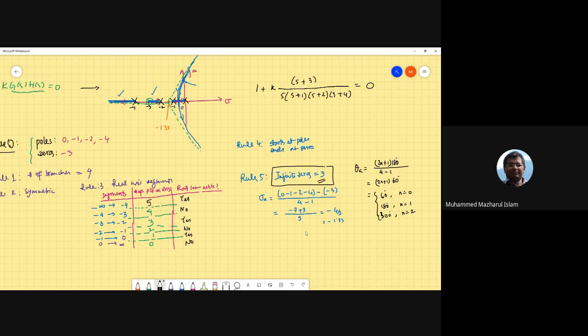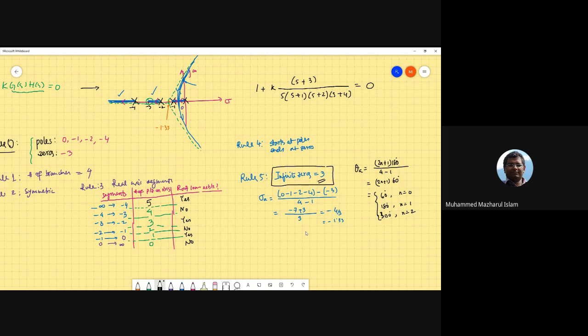In our case, we need 3 zeros. If you remember, we call the asymptotes, according to the textbook, infinite zeros. So we need 3 angles. We have to use 3 consecutive numbers of n, either 0, 1, 2, or 1, 2, 3, or 150, 151, 152. Any number will do as long as they are consecutive.